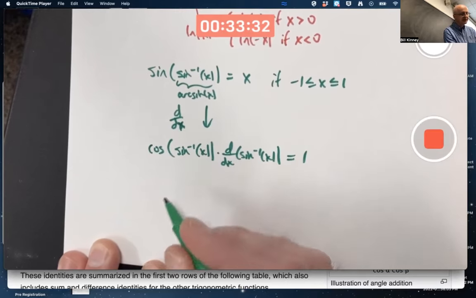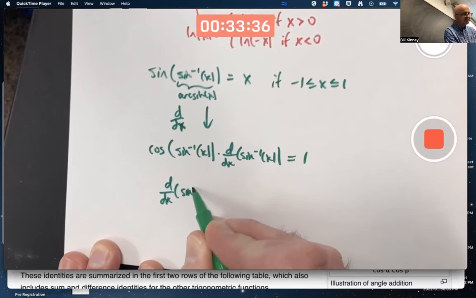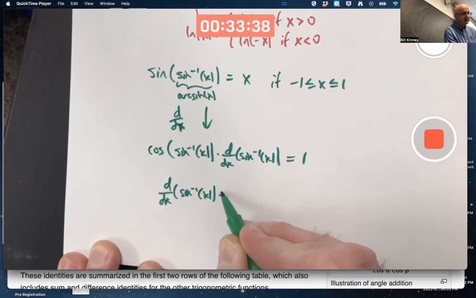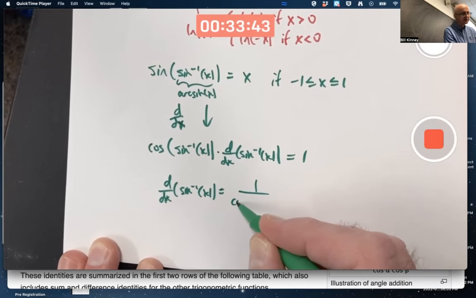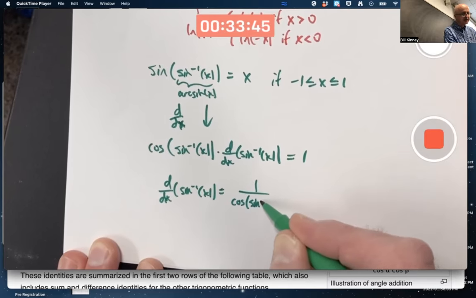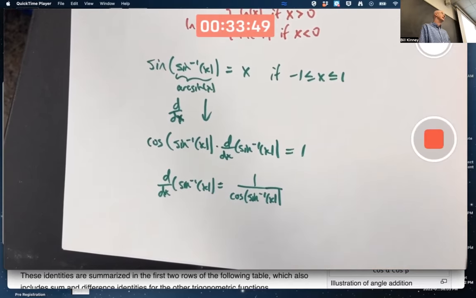Now solve for that derivative. Divide both sides by cosine of inverse sine of x. The answer can be written as 1 over cosine of inverse sine of x. But hardly anybody ever writes the answer that way, because there is a way to simplify it, to write it actually without trig functions, amazingly.